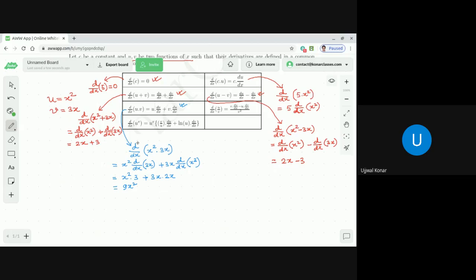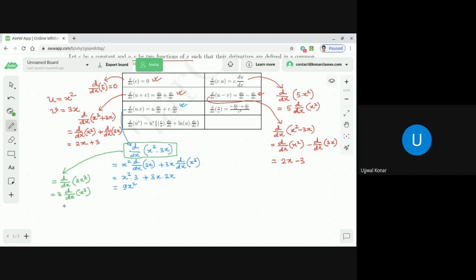The moment you see d/dx of x square into 3x, I can look at it in a different manner. You can say that it is equal to d/dx of x square into 3x, that means 3 into x cube. Then we can take 3 out because it is a constant: 3 into d/dx of x cube.